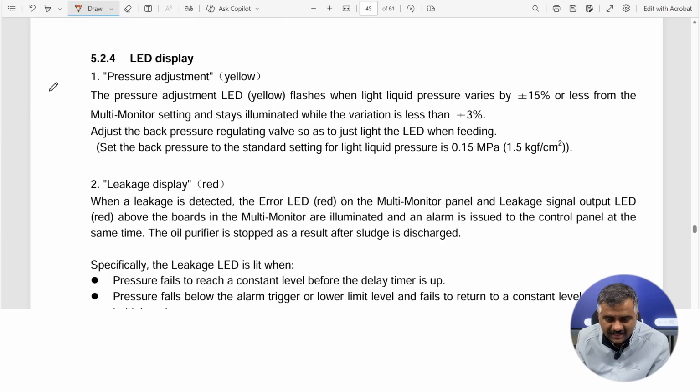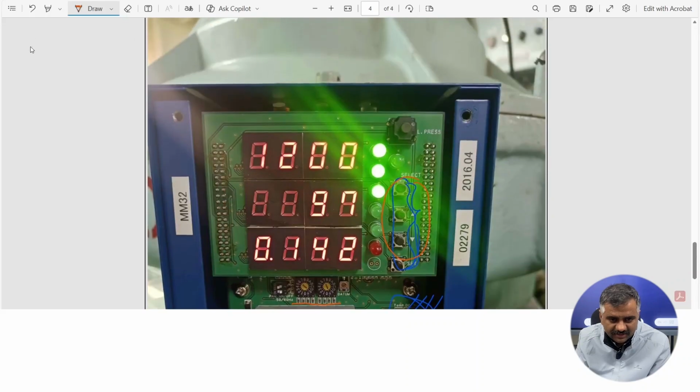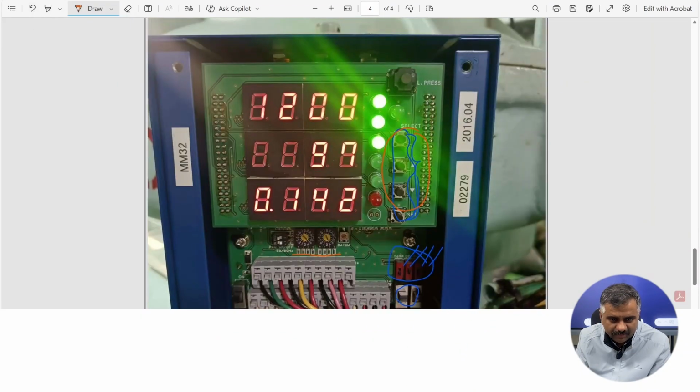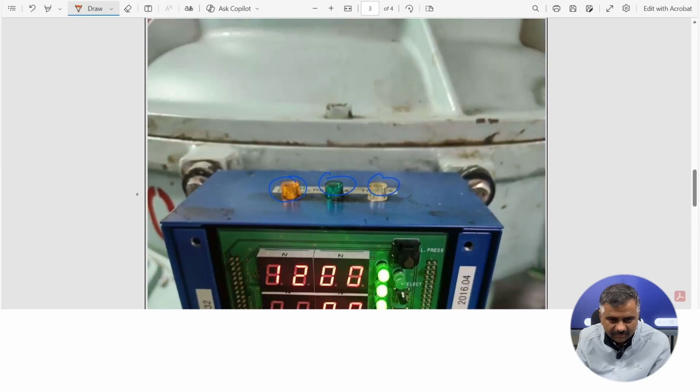So if the yellow LED is flashing, that means the pressure is in the range of plus minus 15% of the factory set value, say 1.5 bar.